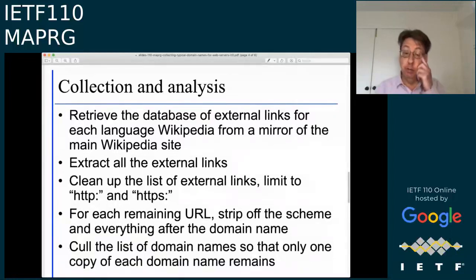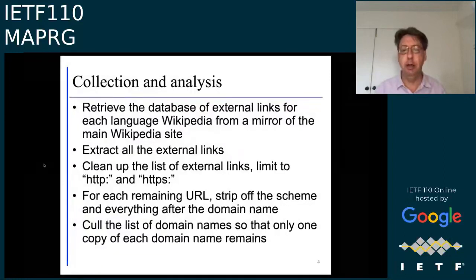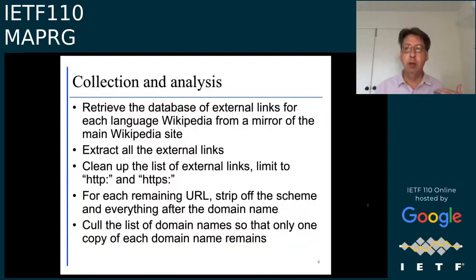Because what I was looking at is just web servers, I didn't care about the full URL. I stripped off the scheme and everything after the domain name, which means I didn't know which ones had been listed as HTTP or HTTPS. That's okay, because one of the things we wanted to see is, if you're hitting a web server that doesn't have HTTPS, how long will it take for you to find out.